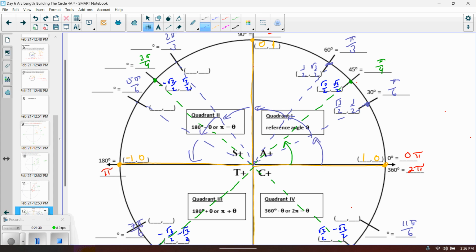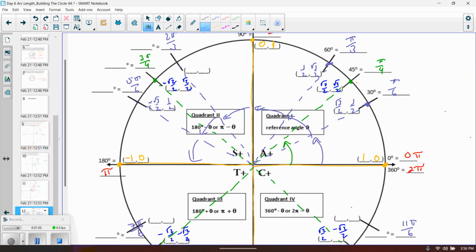So if you use symmetry, the same distance away from the x-axis is going to have exactly the same ordered pairs. So the one over here on the left, 5 pi over 6, is going to be the same thing as pi over 6, just that the x value will be negative. So we'll have a negative square root of 3 over 2 and a positive 1/2.